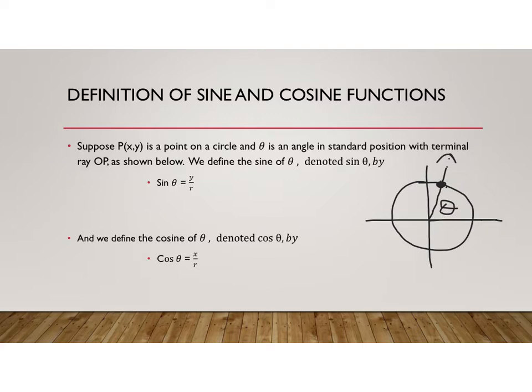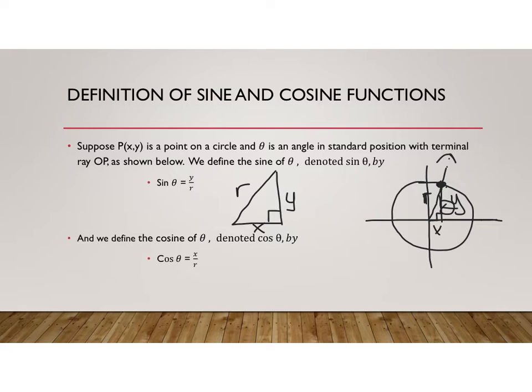Now where that comes from is if I drop this straight down and I form a right triangle, this is my y coordinate, this is my x, and this would be the r, which would be the radius of that circle. So I basically have a right triangle that looks like this. This is the y, this is the x, and this is the r.